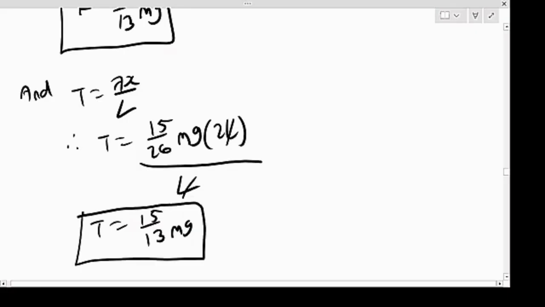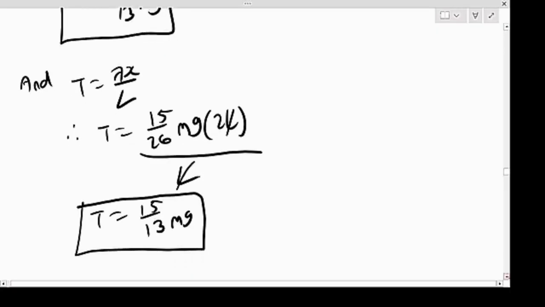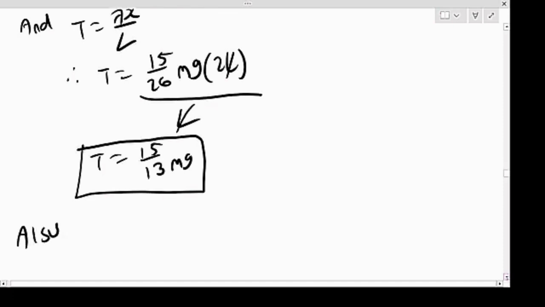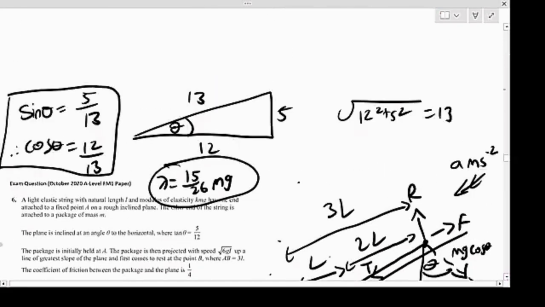Again, there's a bit of algebra here. There's a lot of letters, but it's just algebra, right? Don't be scared by the letters, okay? We do the process in the normal way. So now we've found T. Then we're also going to need to find the friction F, but of course we know that F equals mu R. Now we're also given the coefficient of friction, which is 1/4, okay?